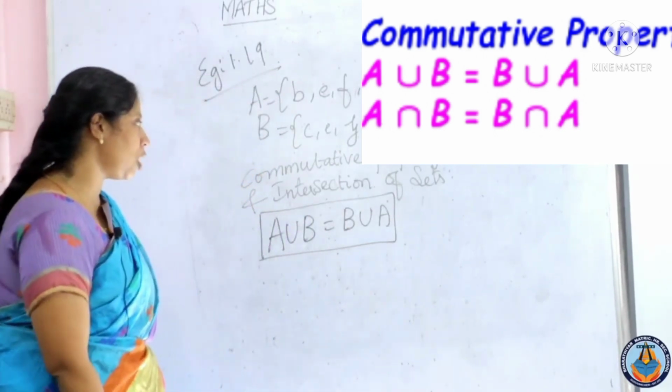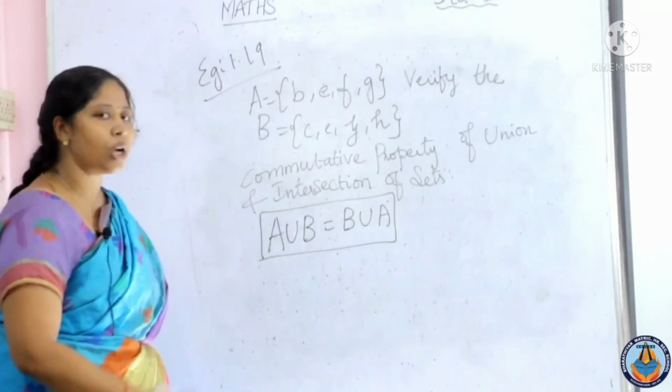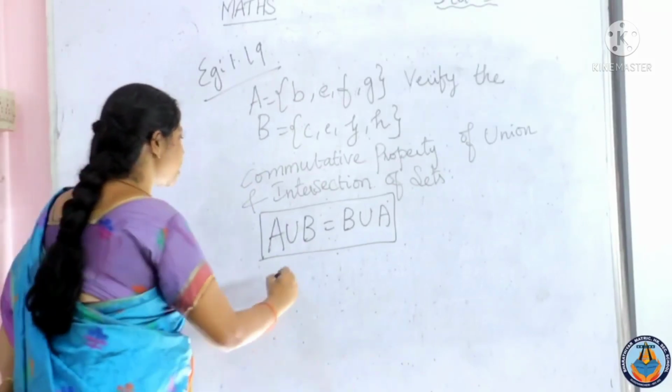Let us recall the union of two sets. It contains all the elements in A and B sets.